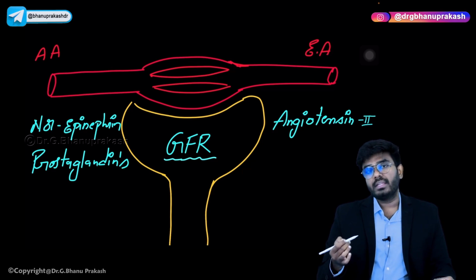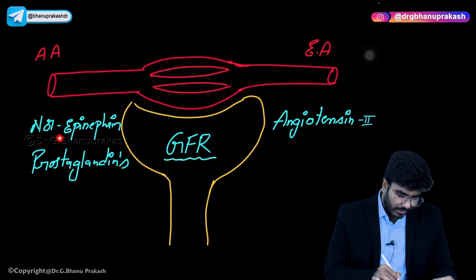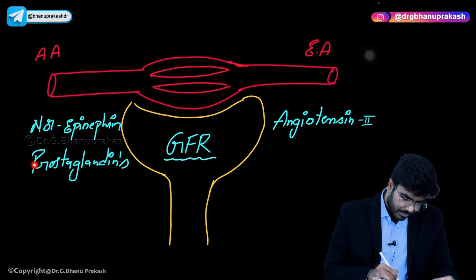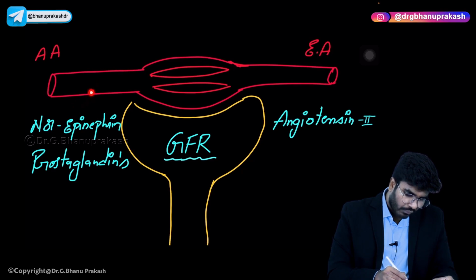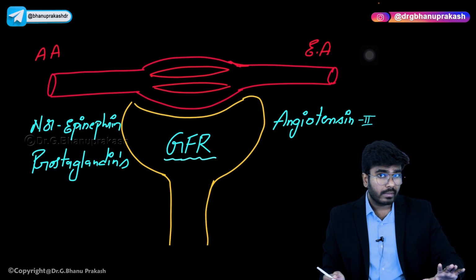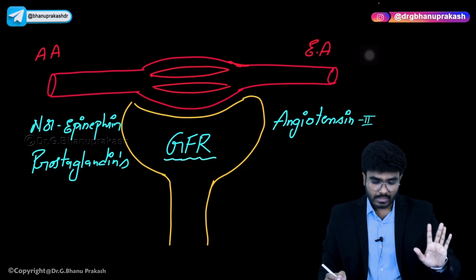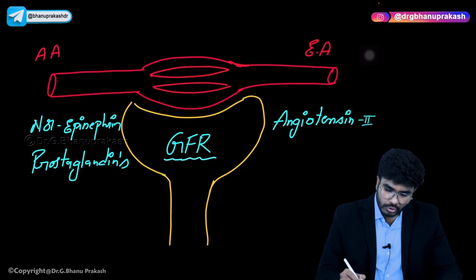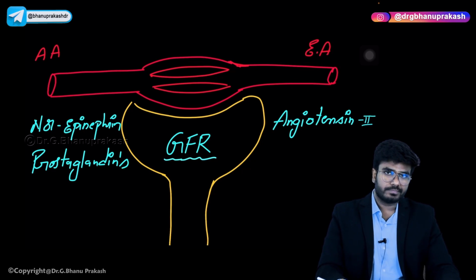Certain substances, for example norepinephrine and prostaglandins, are going to act on the afferent arteriole. How they act, we will discuss in a few minutes. And angiotensin 2 acts on the efferent arteriole.